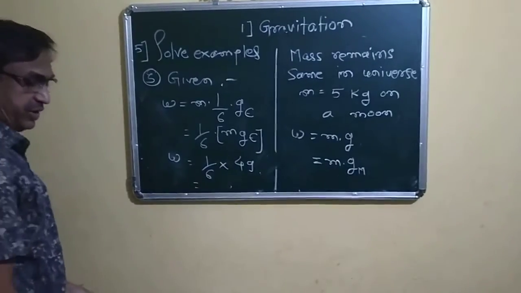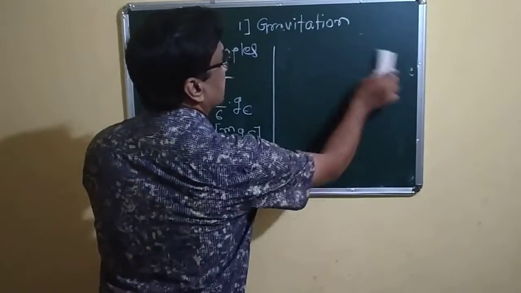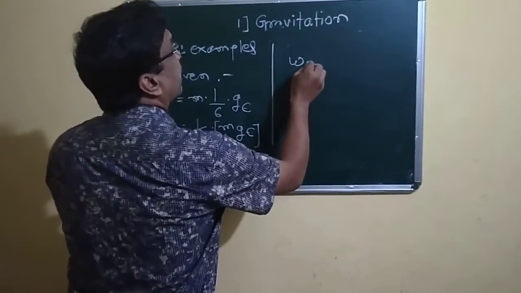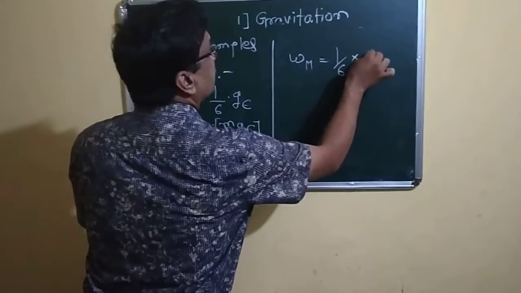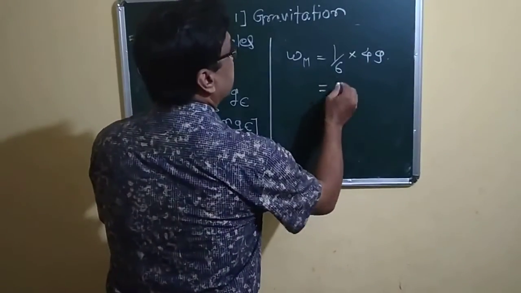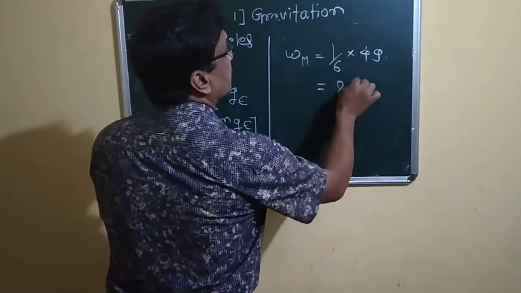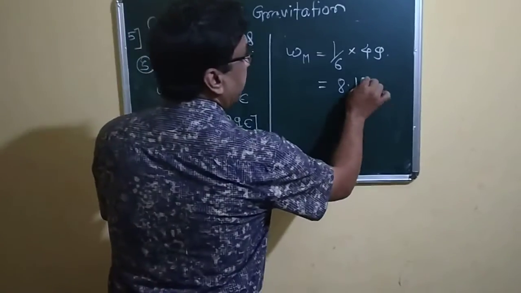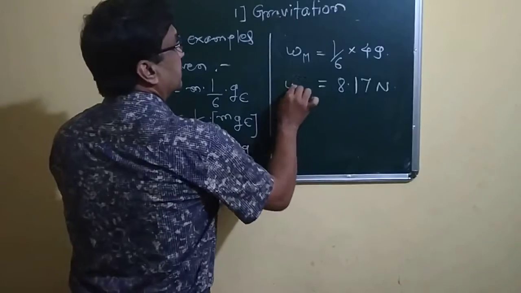By dividing 49 by 6, we get the weight on the moon is equal to 1/6 into 49, and its value becomes 8.17 Newton. That is the weight.